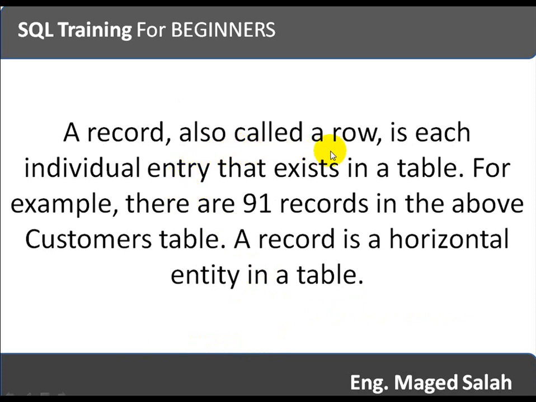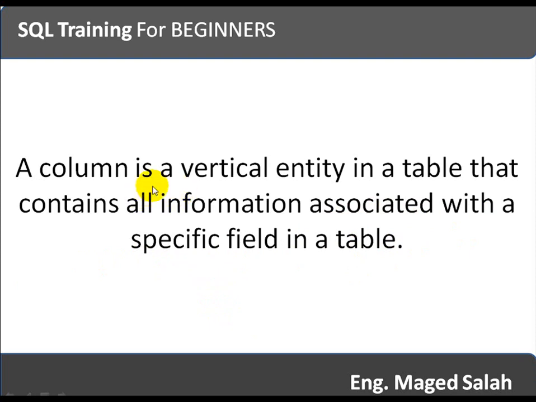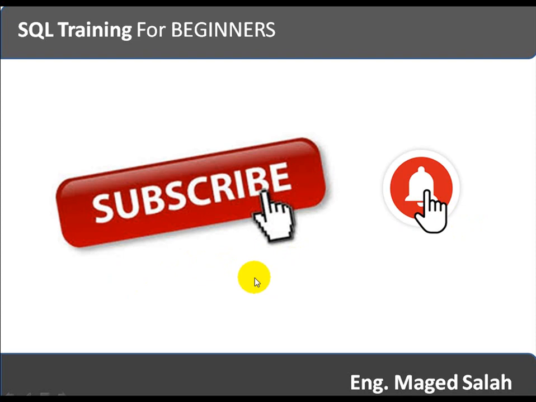A record, also called a row, is each individual entry that exists in a table. For example, there are 91 records, as I reviewed in the above customers table. A record is a horizontal entity in a table. A column is a vertical entity in a table that contains all information associated with a specific field in a table.